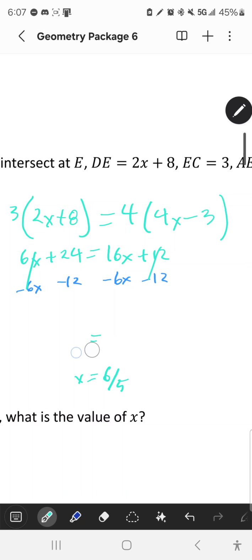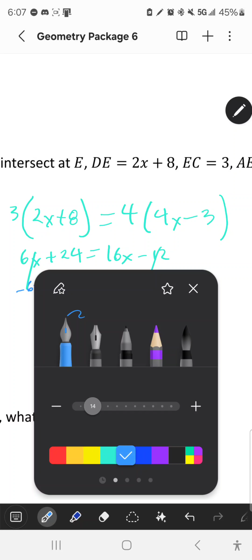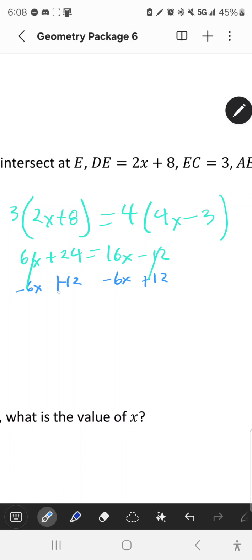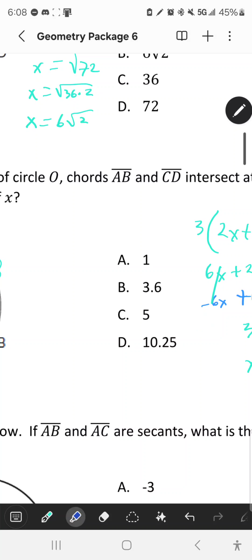So here, instead of subtracting, we add 12. Now it does make sense. And then we have 24 plus 12 is 36. 16 minus 6 is 10. We keep that one. And then x equals 36 divided by 10, which is the same as 3.6, which is in the options.